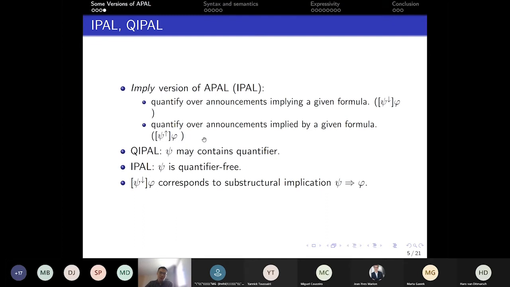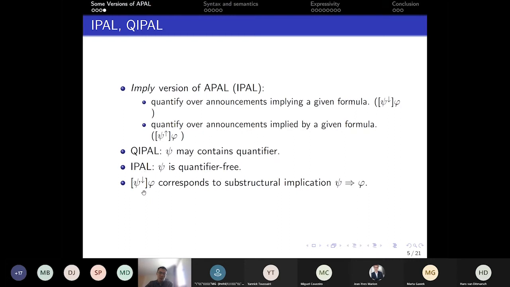As we know, a quantified announcement must be quantifier free, but this psi as a parameter here may contain a quantifier. If psi contains a quantifier, we have a quantified IPAL, which we call QIPAL. If psi is also quantifier free, then we have IPAL.